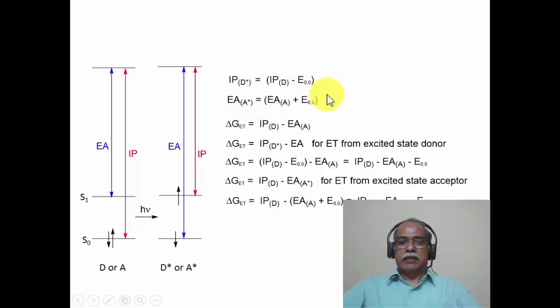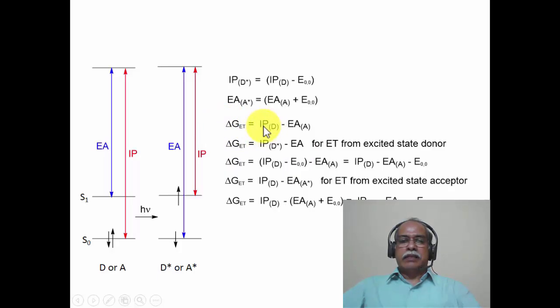Now, in order to identify the process of electron transfer, we have to define certain parameters like the free energy of activation for the electron transfer process. In the gas phase, typically the free energy of activation for the electron transfer process is nothing but the ionization potential of the donor minus the electron affinity of the acceptor.